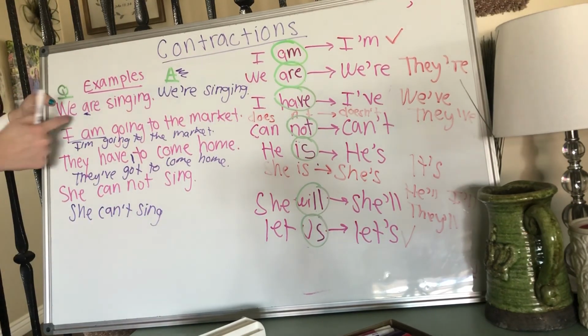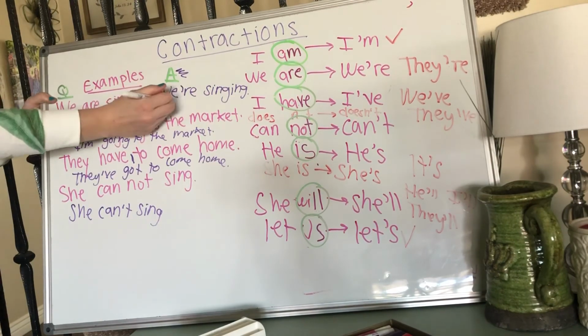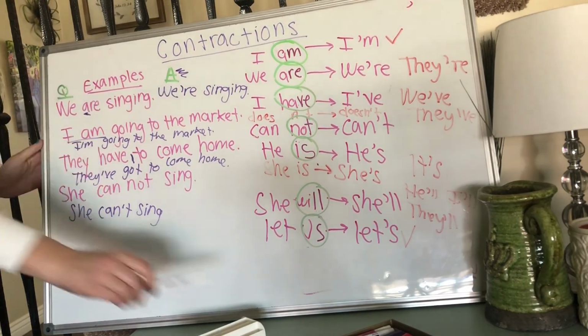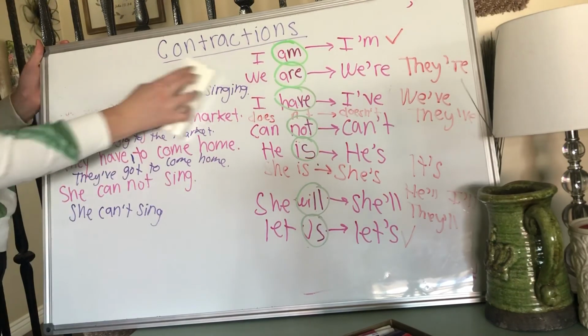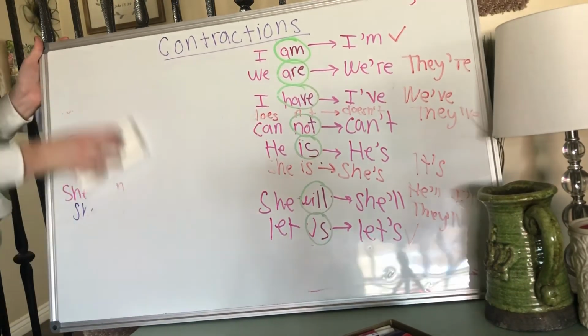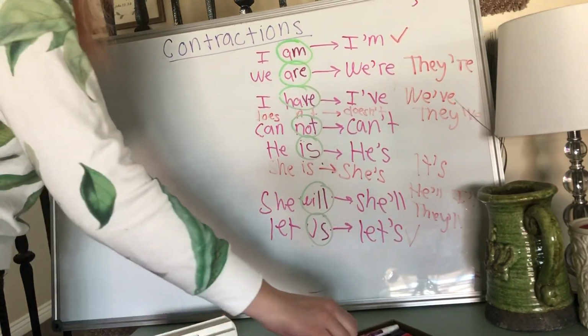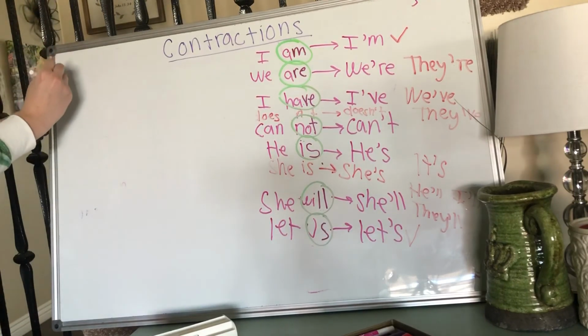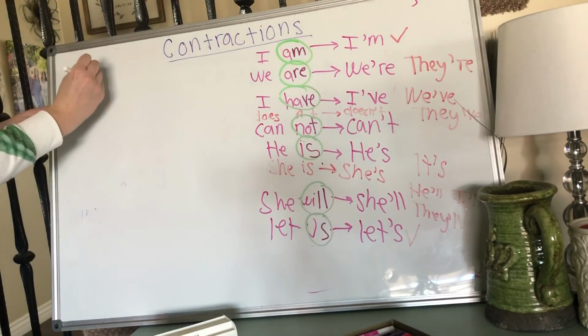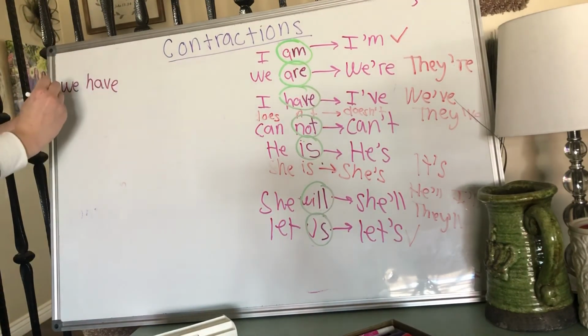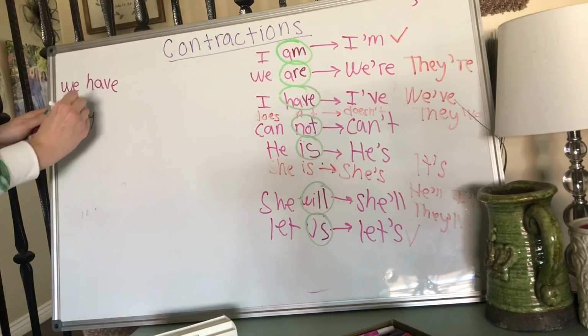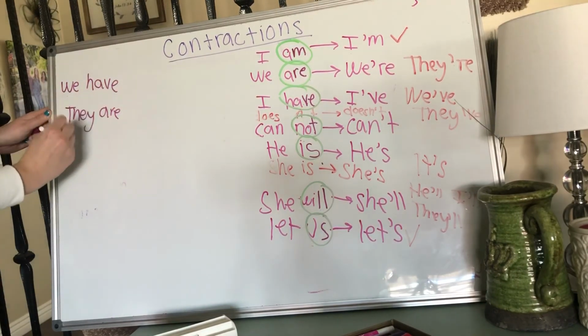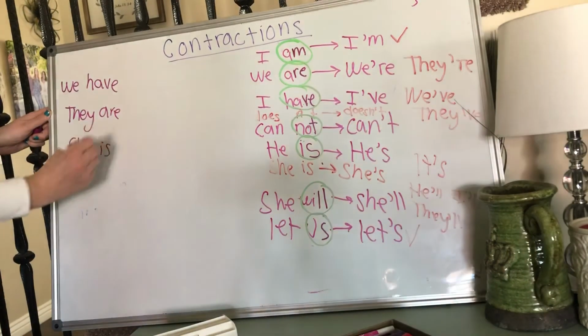The question, you give a sentence, their answer, they contract the word, okay? Some more examples of homework you could give is matching. So you could have some examples over here such as we have, they are, she is, and you could do as many as you wanted.